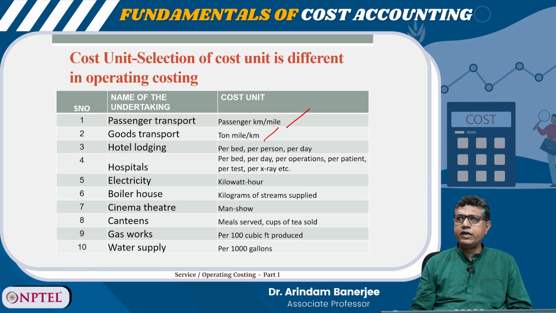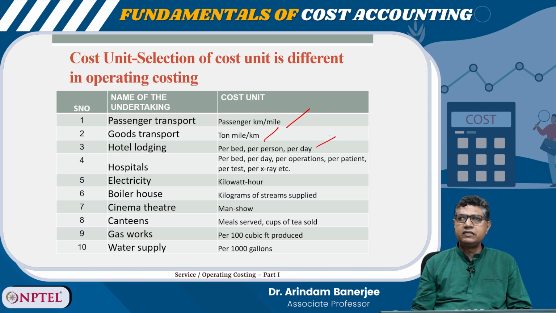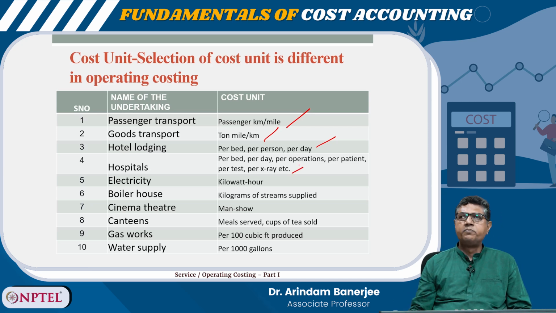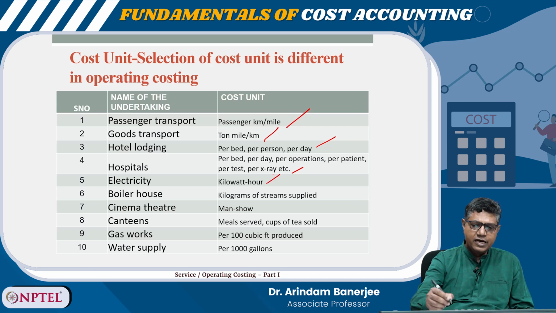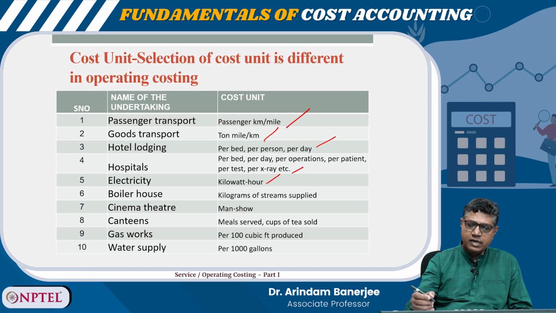For hotel lodging, in the hospitality industry, it may be per bed, per person or per day. For hospitals, it can be per bed or per day or per operation, per patient, per test, per X-ray, etc. For electricity, it can be kilowatt hour. For a boiler house, it can be kilograms of steam supplied.